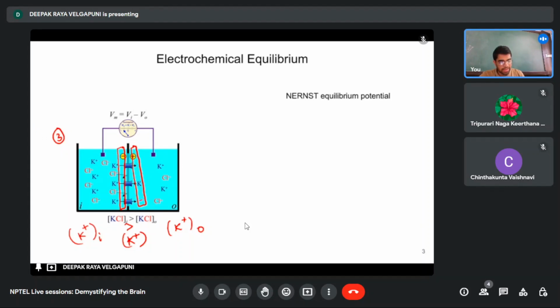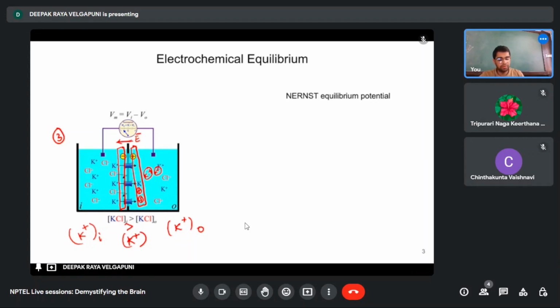As this side gains positive charge, there is a repulsion of the K plus particles which have already diffused. You can also think of it another way: in the direction of the electric field, the potential decreases.